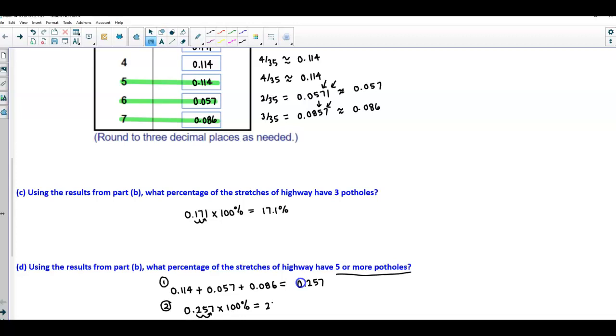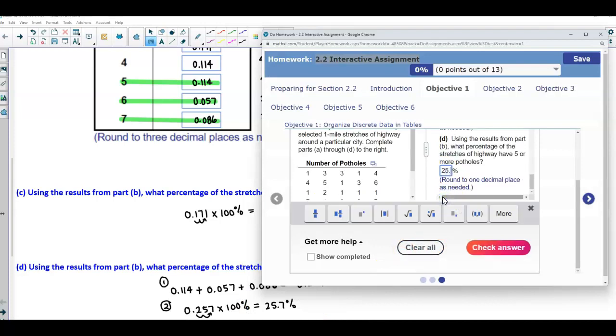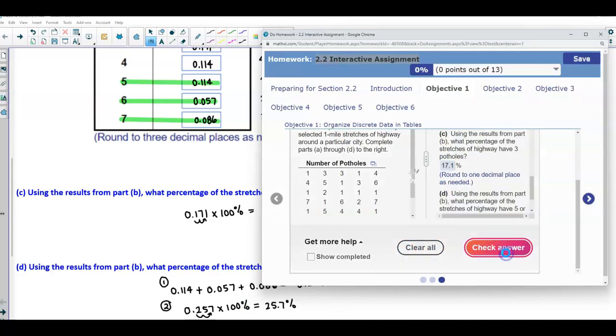So we end up getting 25.7% have 5 or more potholes. Let's put that answer in, 25.7. Check our answer, and that is the conclusion of this problem.